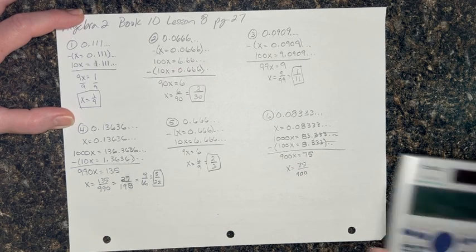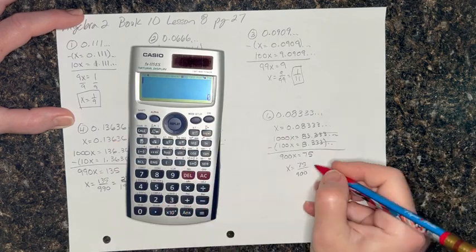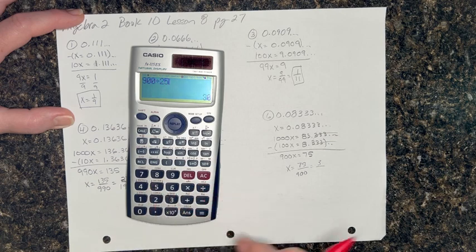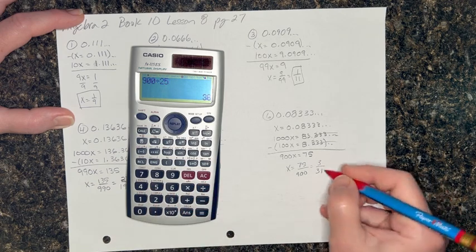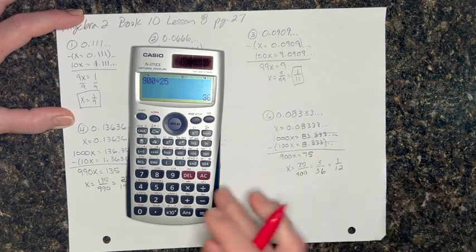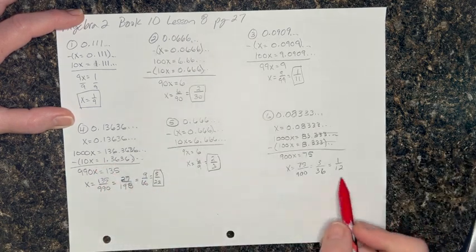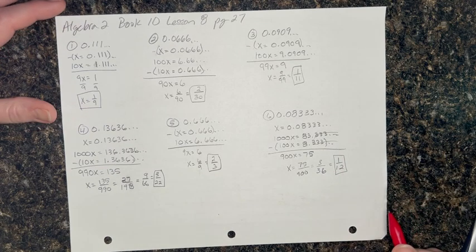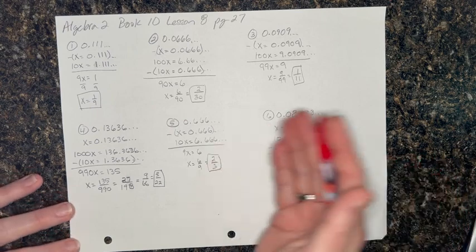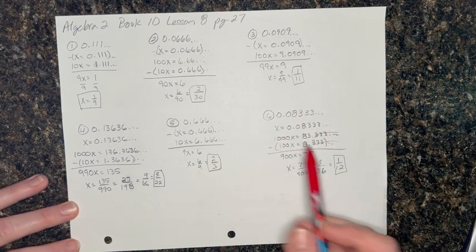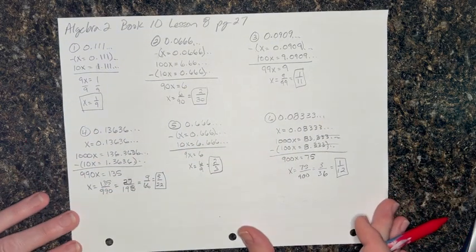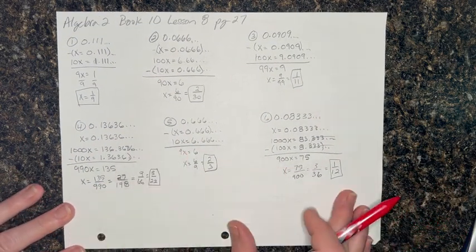Now, I know 25 goes into each of these, so it's going to be a 3 over what? 900 divided by 25 is 36. Oh, again, it's going to be equal to 1/12. Okay? 1/12 is the reduced ratio, or the rational equivalent of 0.08333333.